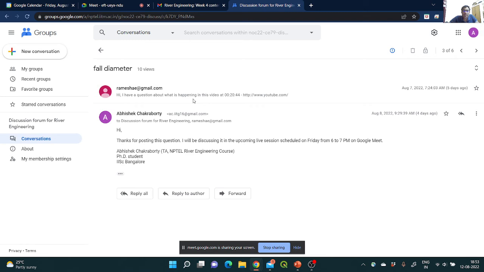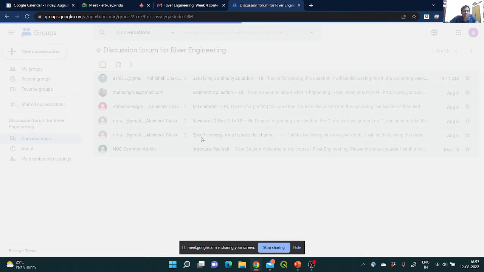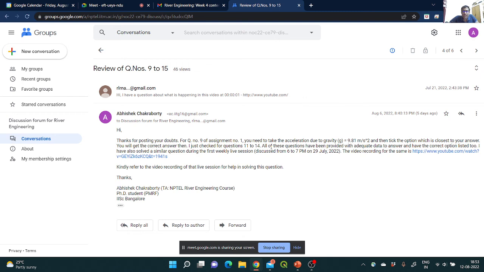Someone asked about the fall diameter. I discussed it using the balancing of the forces terms. Then someone asked about the trapezoidal term, most probably, and that I could not discuss, but I will be putting the values here.